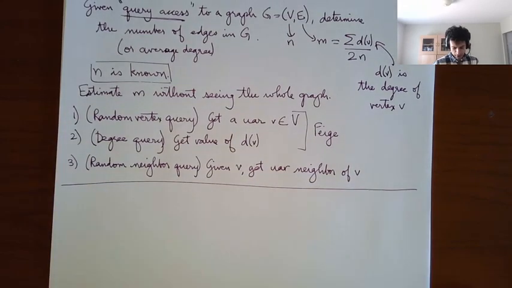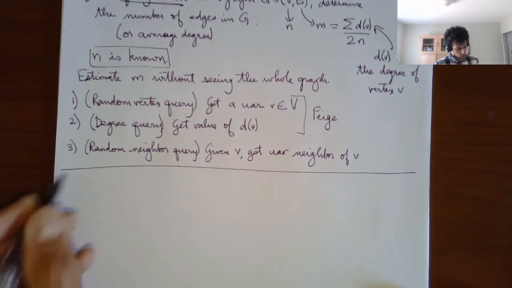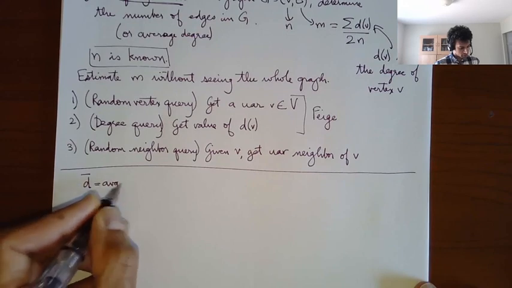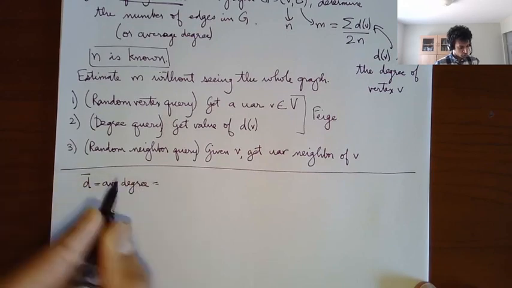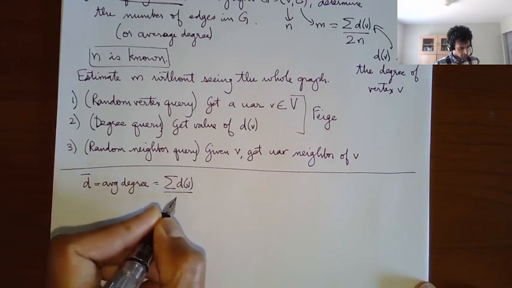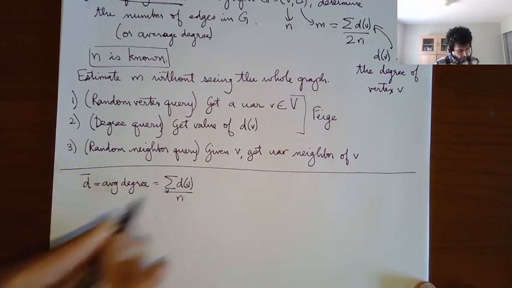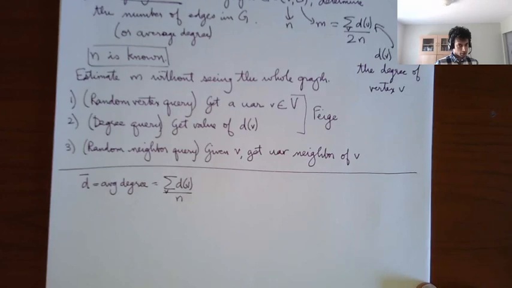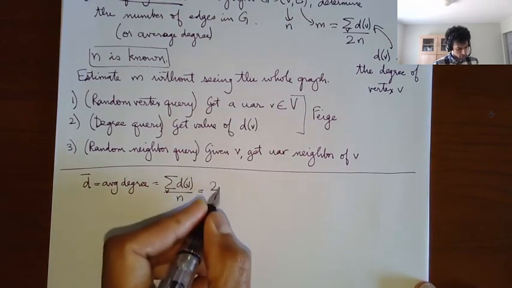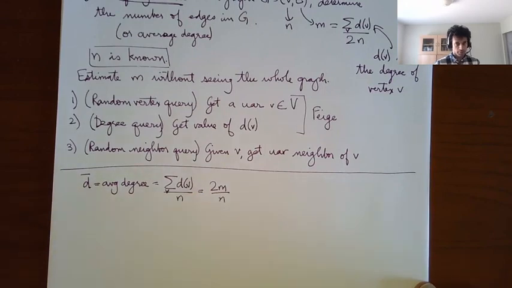And so the question actually becomes a really fundamental question. Let me set some notation. I'm going to use d bar to be the average degree, which is simply the sum over all vertices of d(v) divided by n, and this is also the same as 2 times m divided by n.